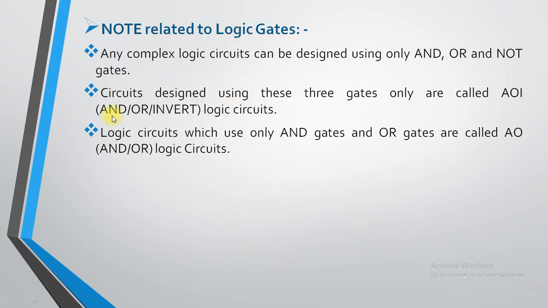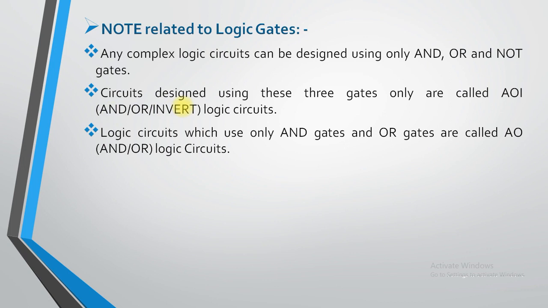When you form any circuit using these three gates, it is referred to as AOI. AOI means AND gate, OR gate and invert gate. So any circuit which can be designed using these three gates is referred to as AOI.